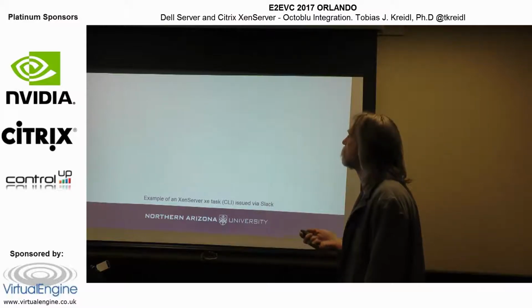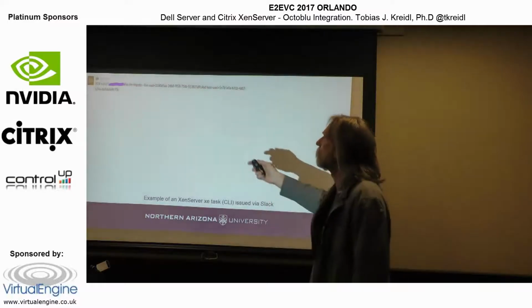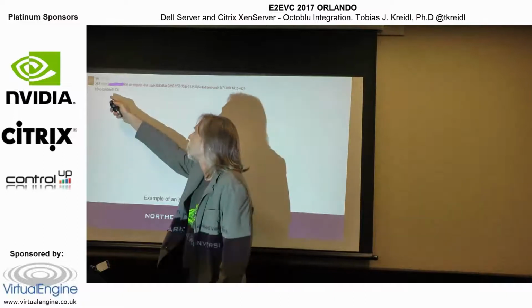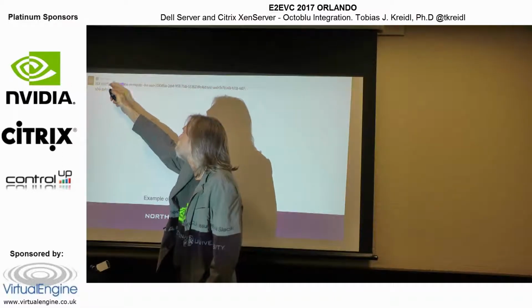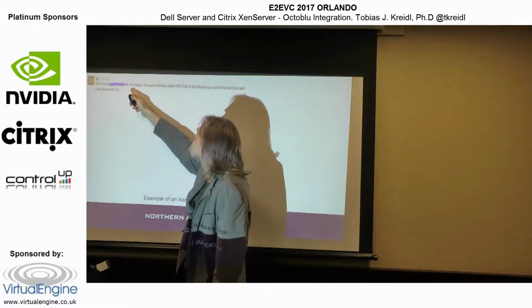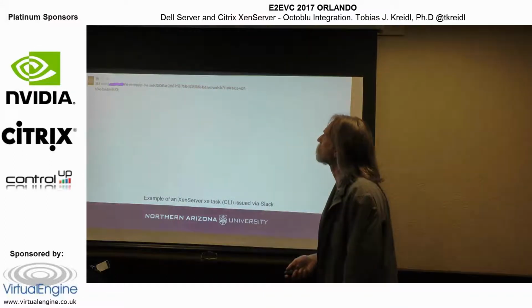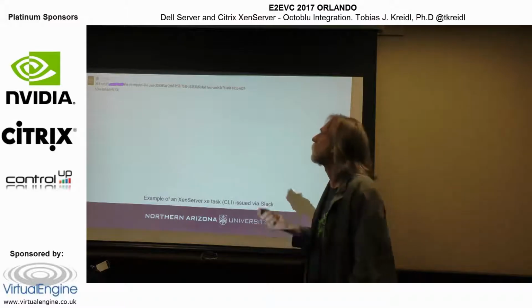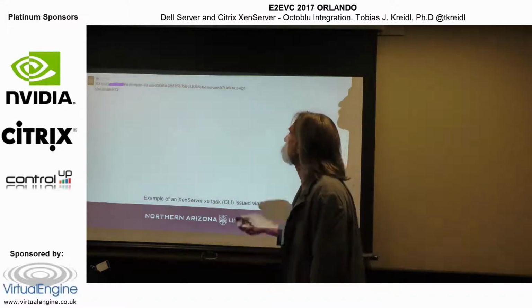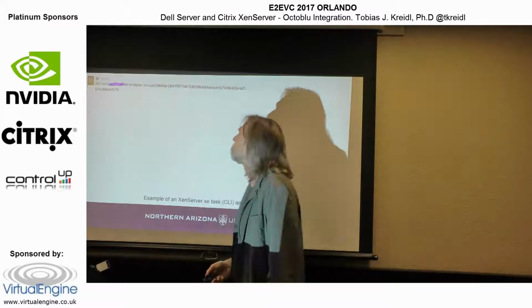So here's an example. Going through Slack, I've got XE, name of my host, and this huge long command, which is basically, I want to live migrate one of my VMs that has this unique UUID.